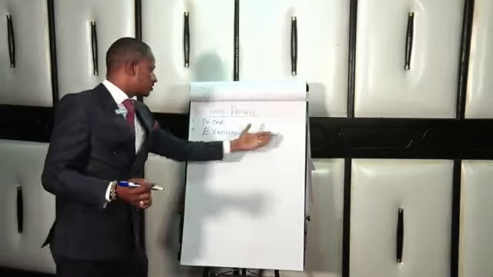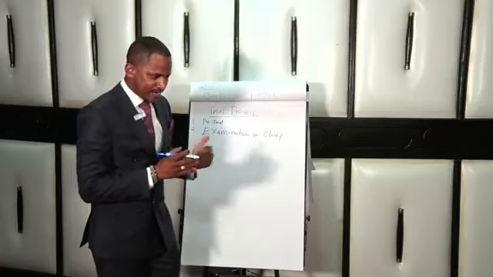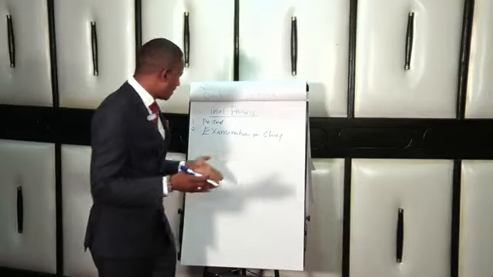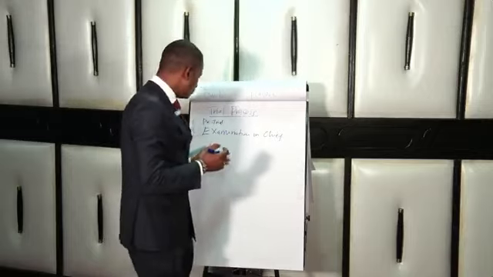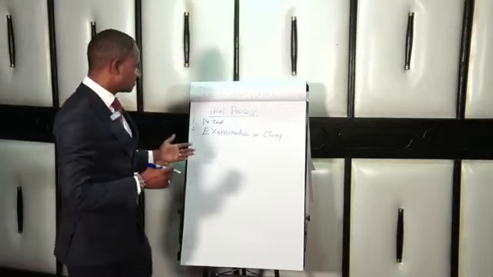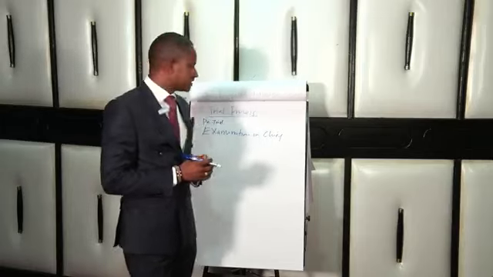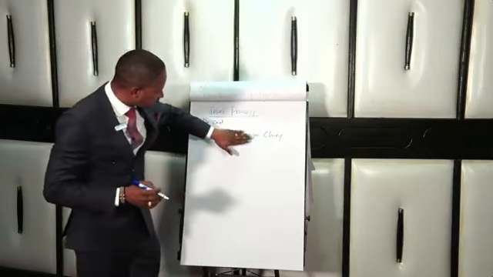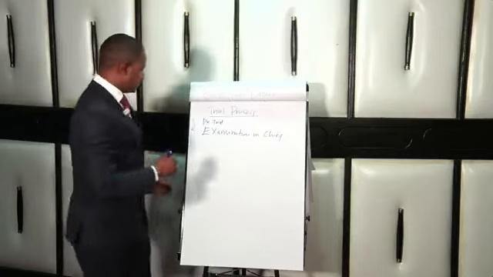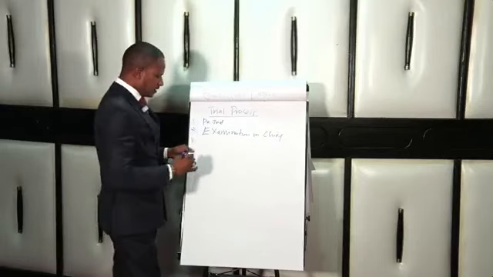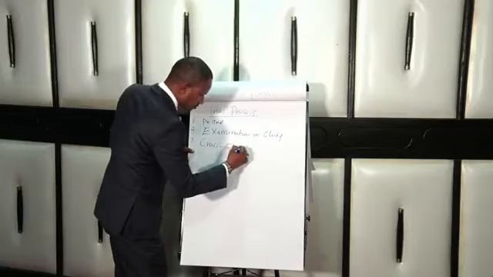So examination in chief, where the prosecution will line up their witnesses, will examine, depending on who taught you English in your primary school, will examine the witnesses. After examination, this is the point where the prosecution is proving their case. Prosecution must prove their case here. Then there will be what we call cross-examination.